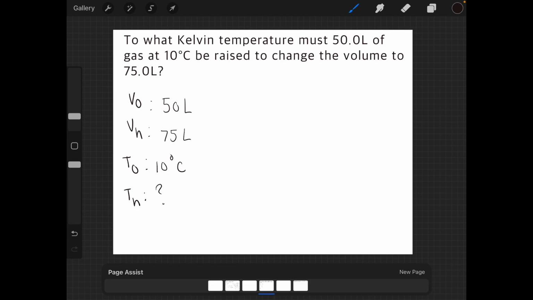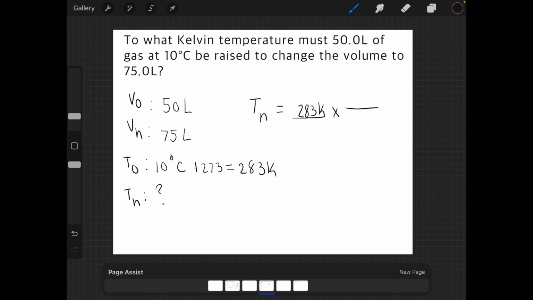We need to add 273 to our original temperature in order to convert to Kelvin. Before we start, I'm going to set up my problem. Okay, so in this first blank, I'm going to write my old temperature of 283 Kelvin.